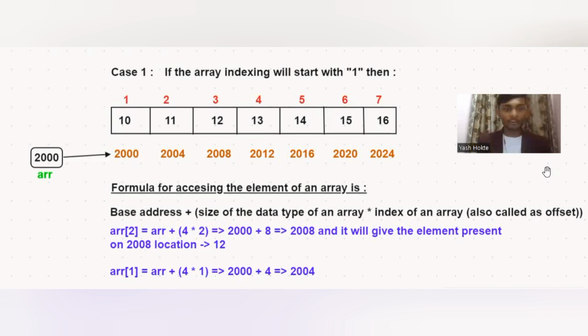So this is the first reason why the indexing of an array doesn't start with 1: we are not going to get the correct output.